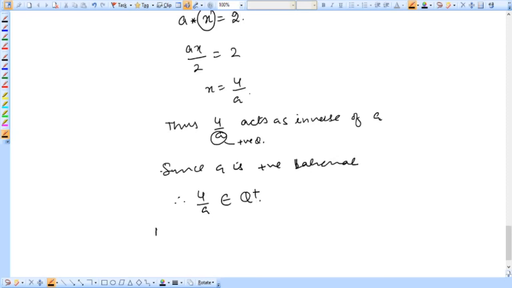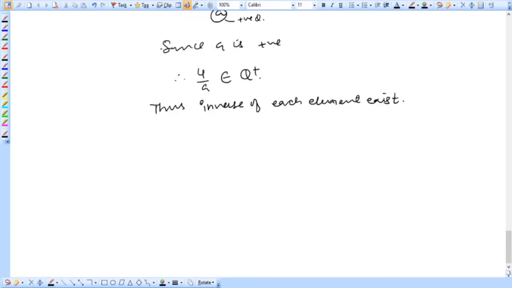Thus, since we have taken this element arbitrarily, we can say inverses of all the elements exist, right? Thus inverse of each element exists.